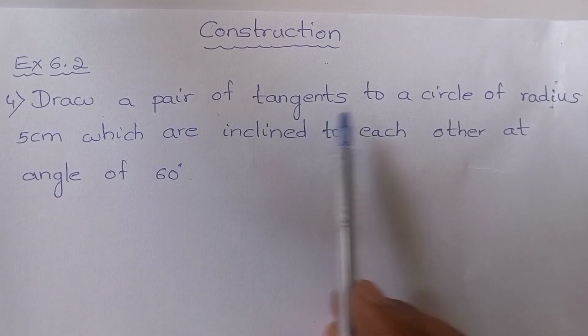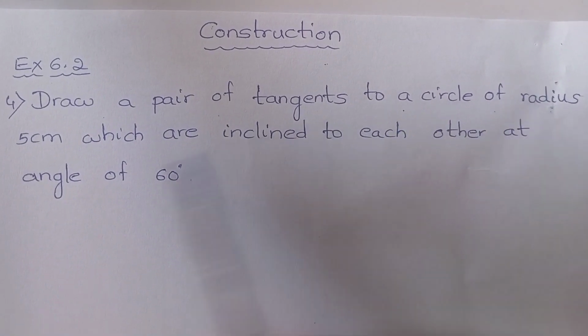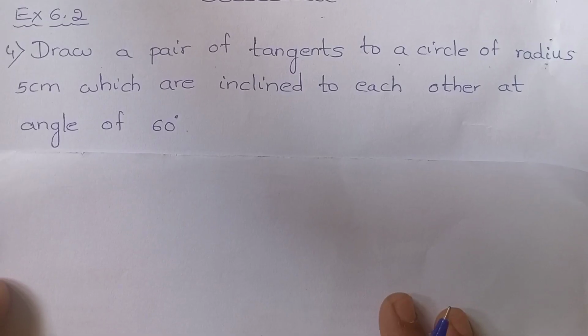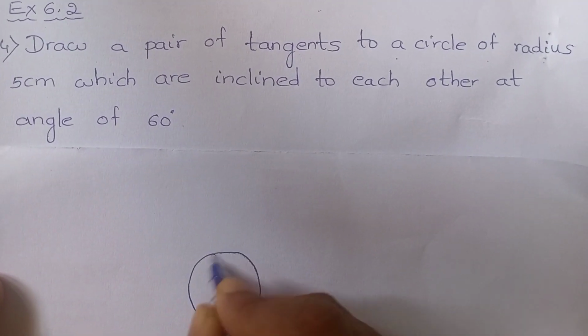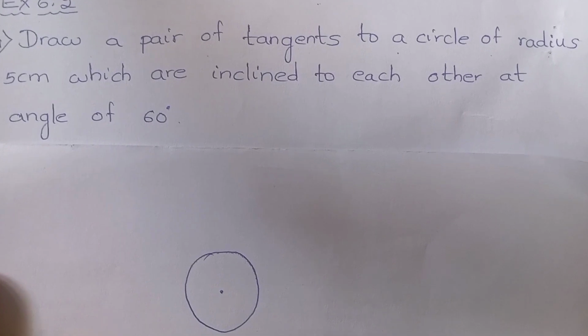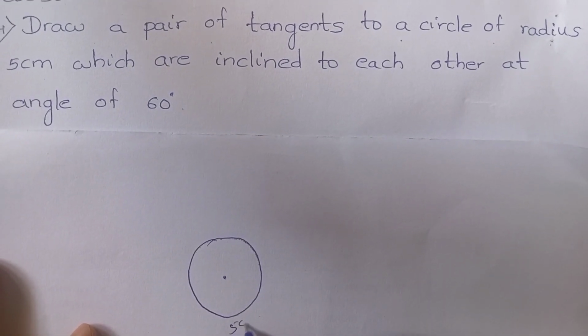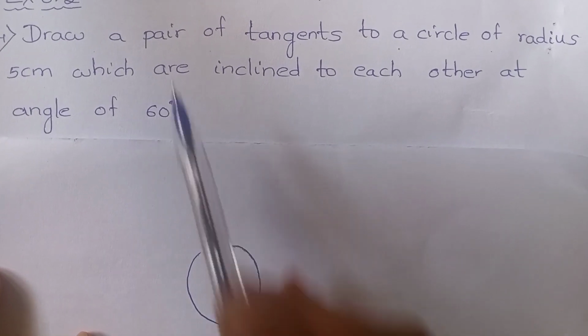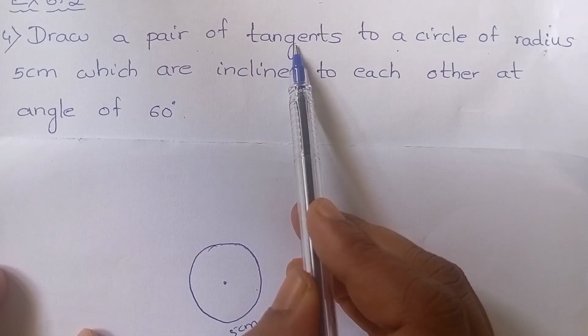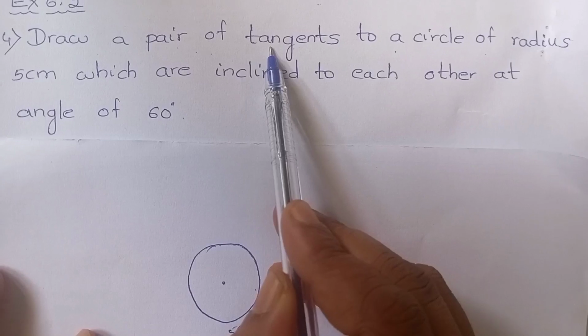Draw a pair of tangents to a circle of radius 5 cm. Now imagine this is a circle of radius 5 cm. For this circle, we have to draw a pair of tangents. Pair of tangents means what?